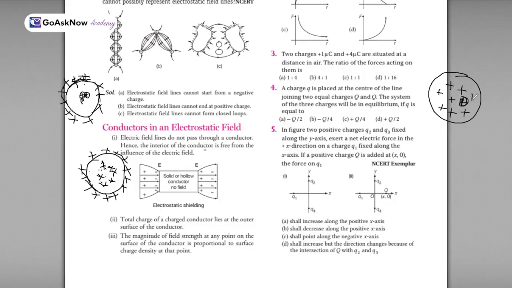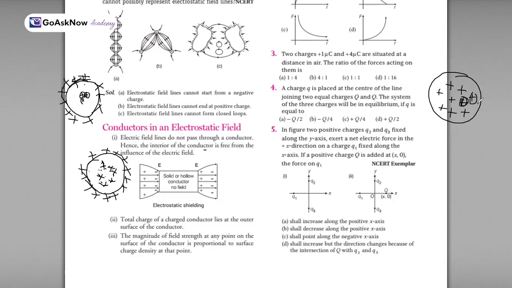Why does this happen? Because there are very few free electrons inside an insulator, and they do not want the incoming positive charges to go repel each other and go farther away from themselves.